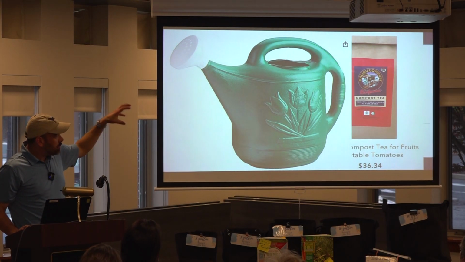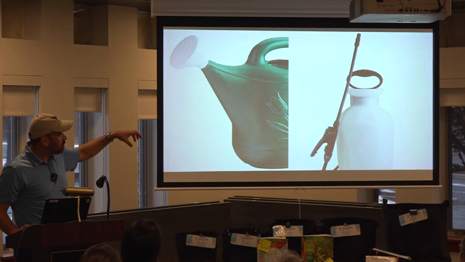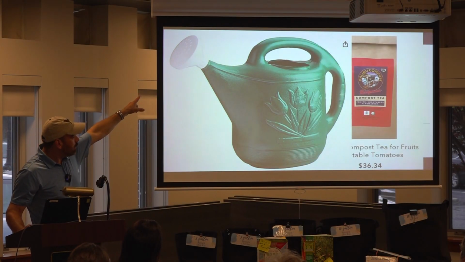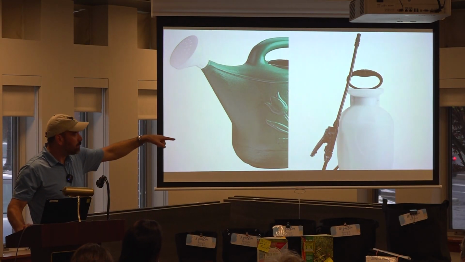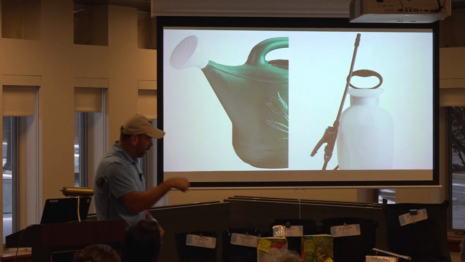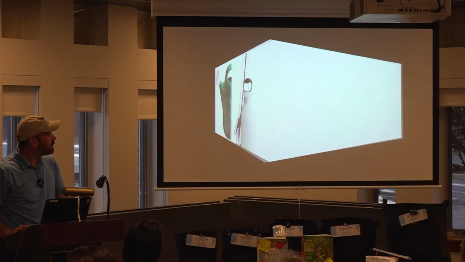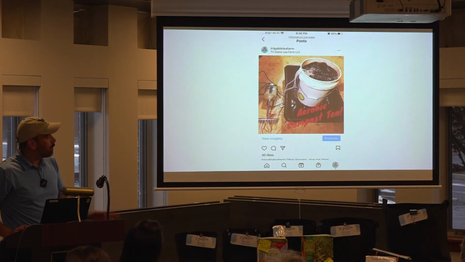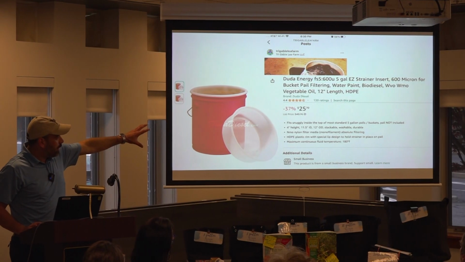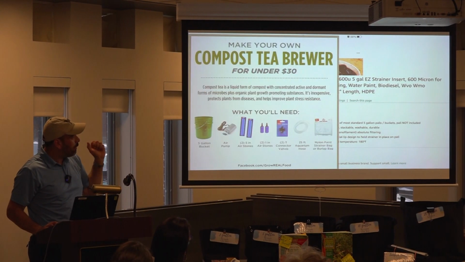You soak the compost in, and you either strain it out or whatever, or you could spray it. You can water them with a watering can, but a little pump sprayer spraying it right on the leaves is what we're looking for. And if you want to geek out later, look up aerobic composting in teas, and you would use a paint strainer to strain out the compost.